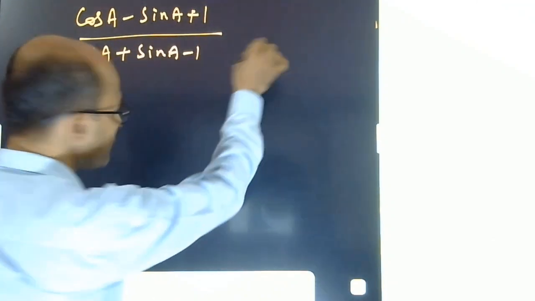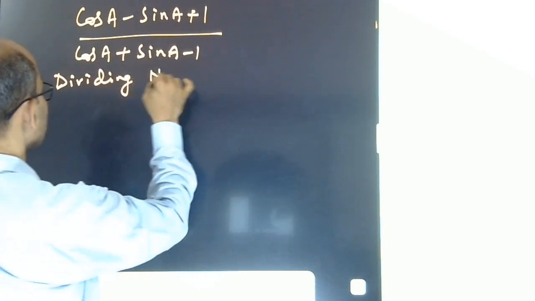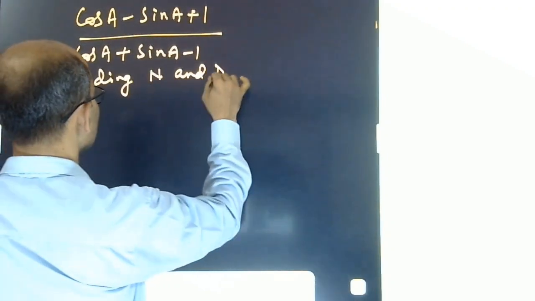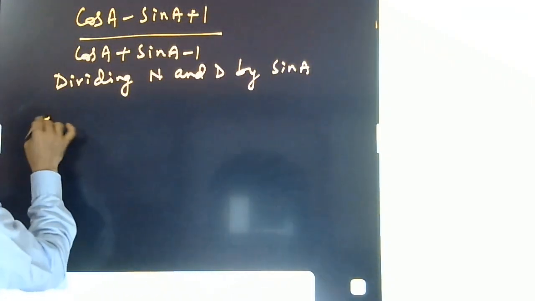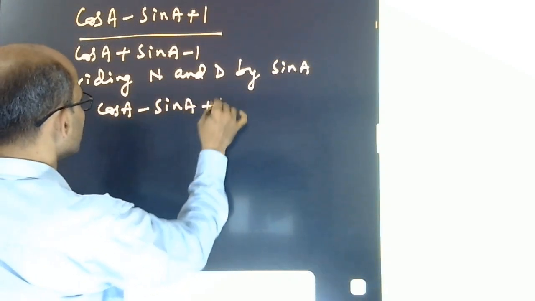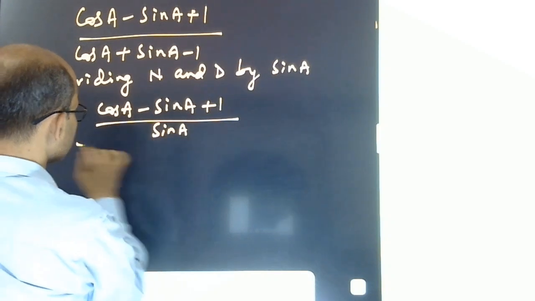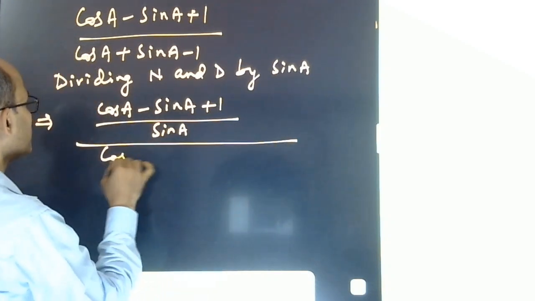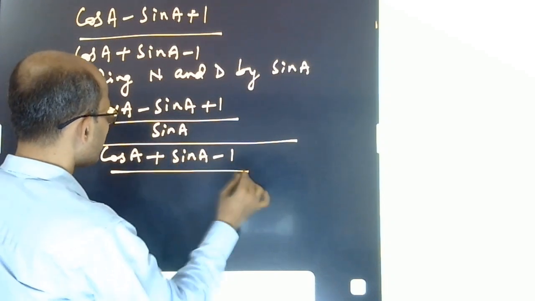Cosec A. So we are required to divide numerator and denominator by sin A. So what we are getting here: cos A minus sin A plus 1 divided by sin A, exactly in the same manner, cos A plus sin A minus 1 divided by sin A.